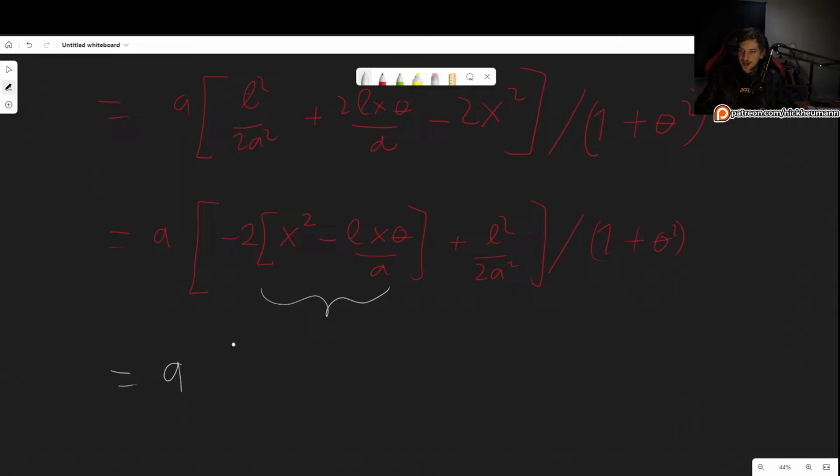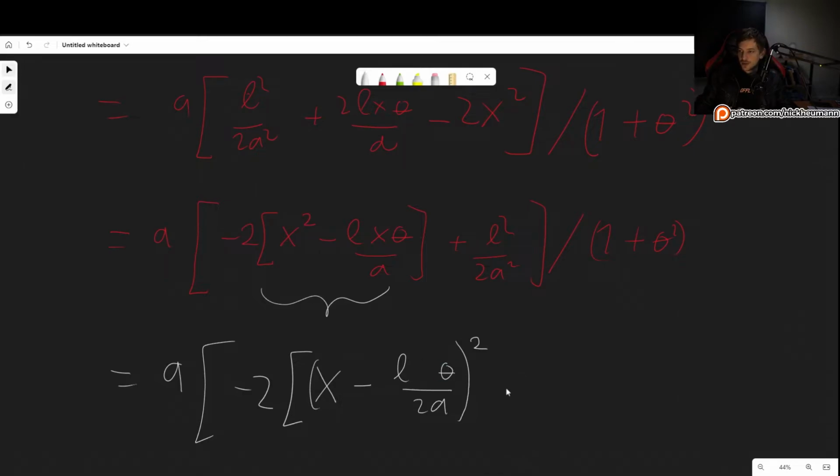So we get a minus 2, and now this would be x minus, this is twice what we have to write here, so L theta divided by 2a. Not Lx, of course, the x we already took out because we're completing the square, and this thing squared.